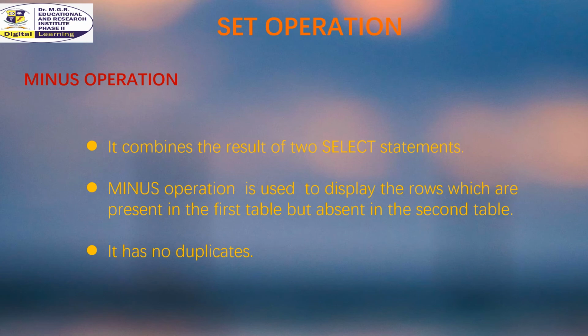That means by using the minus operation we can combine two or more tables. Point number 2, it is used to display the rows which are present in the first table but absent in the second table. The third point is that it has no duplicates.